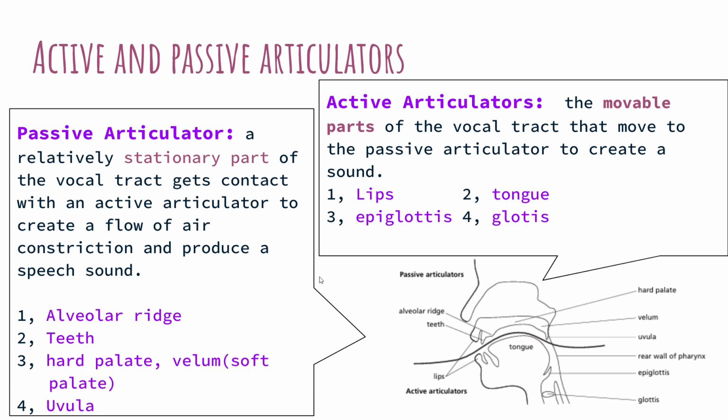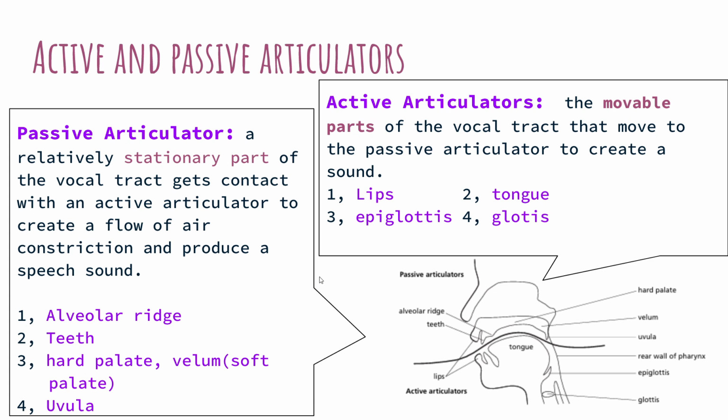What is an active articulator? The active articulator is the movable part of the vocal tract that moves to the passive articulator to create a sound. The active articulators include the lips, the tongue, the epiglottis, and the glottis. As we can see from this diagram, there is a curved line dividing those articulators.